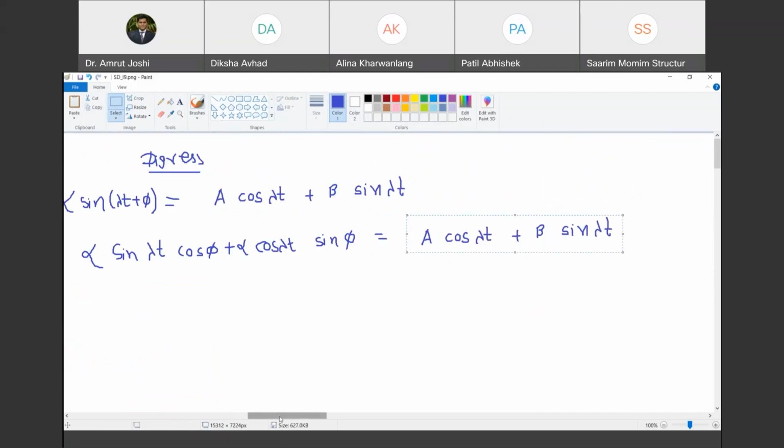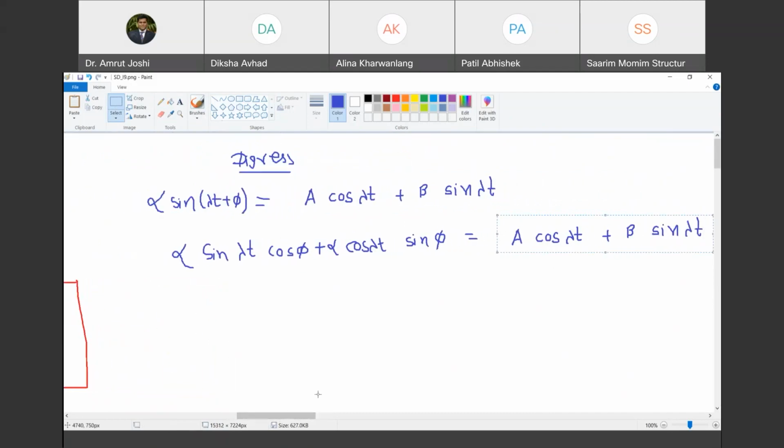Now what I need to do, I need to collect the coefficients of sin lambda t and cos lambda t. So what are the coefficients of sin lambda t here? Alpha cos phi. This must be equal to B. Are you with me?